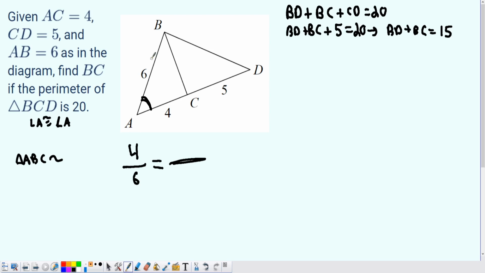Well, the smaller side of the ABD would be the 6, and the larger side would be 4 and 5, the 9. So, are these two things the same? Well, if we reduce 4 over 6, they're both divisible by 2, so we get 2 over 3, equals 6 over 9, both reduced by 3, so we get 2 over 3.